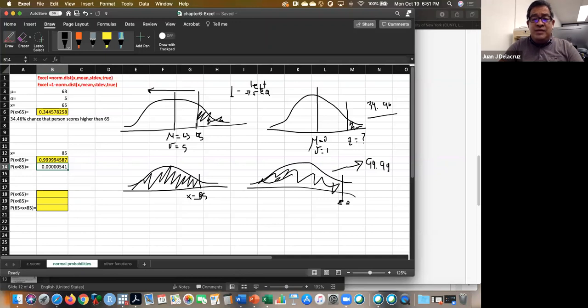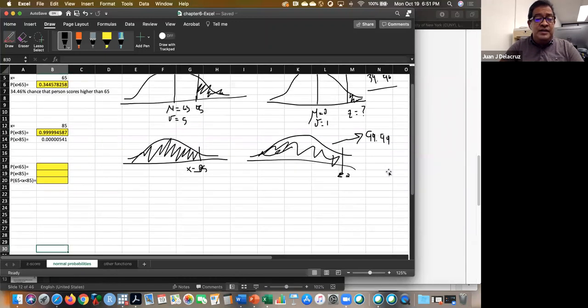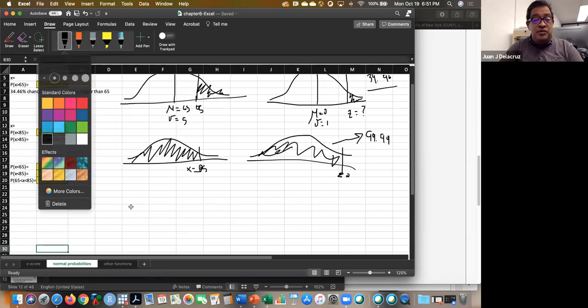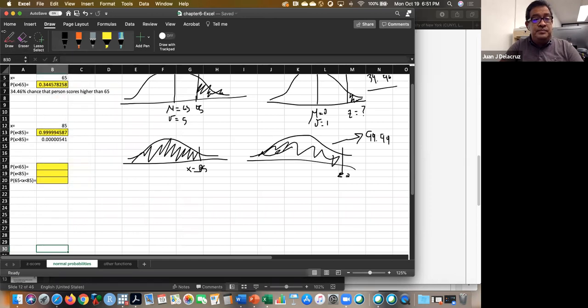So the other case that we were mentioning, and I think it is also part of the book, it's also part of the computation that we are going to do. Just imagine that we have the area under 2 different points, right? So in this case, we have our normal curve.